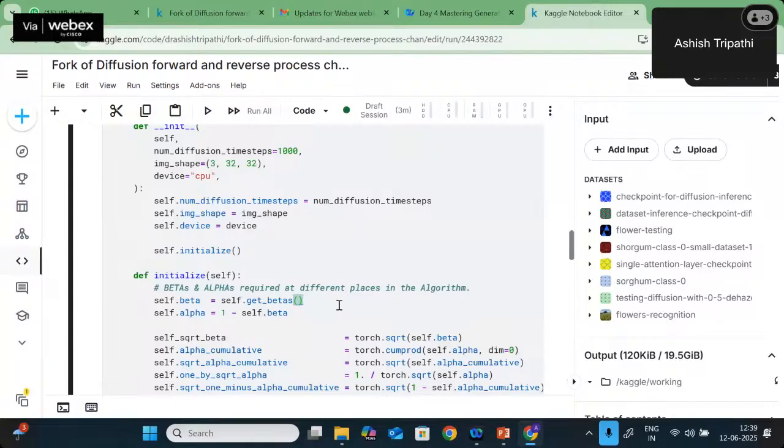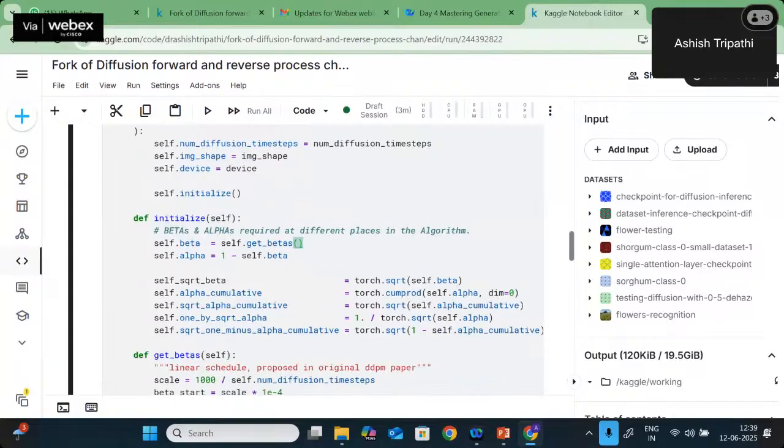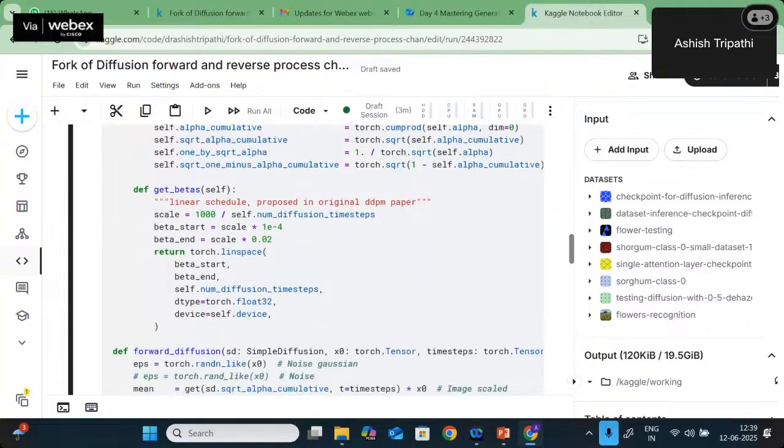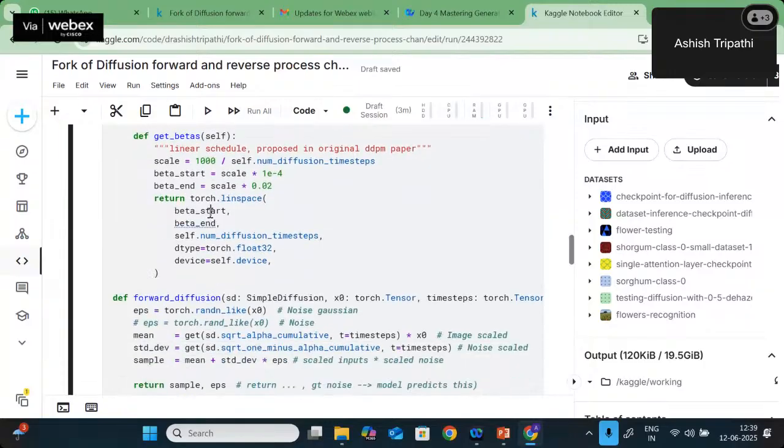Alpha is 1 minus beta, which represents the data, and beta represents the noise. This is the beta start and beta end, which I have already told you. The start of beta I have taken as 0.02, and the end of beta is 0.0001.